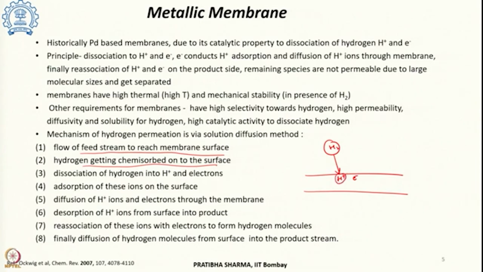These ions diffuse through the membrane, then undergo diffusion of H plus and electron in the membrane. After that, when they come onto the product side, they get desorbed. Finally they recombine to give the hydrogen molecule, and this hydrogen molecule undergoes diffusion from the surface into the product stream. So broadly this is the mechanism by which hydrogen separation occurs in these metallic membranes.